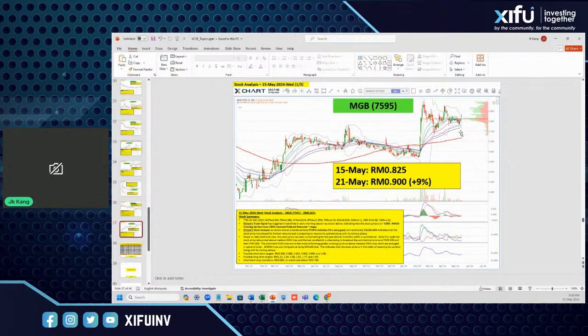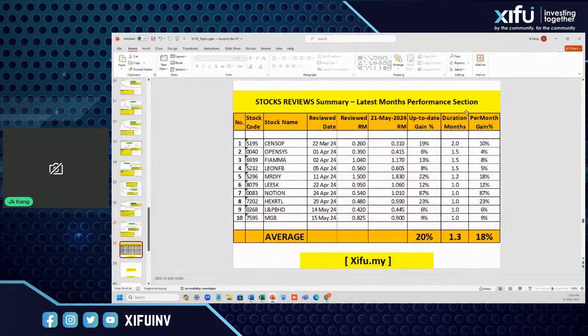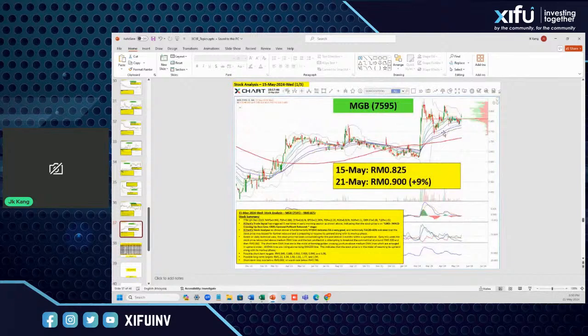MG also crosses up. So all in all, you can see over here the performance could have been achievable as long as we are able to stay with this approach of looking for stocks rising above the 200 line.